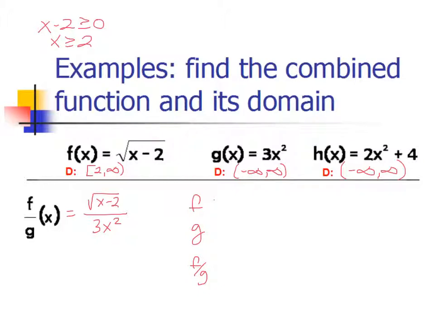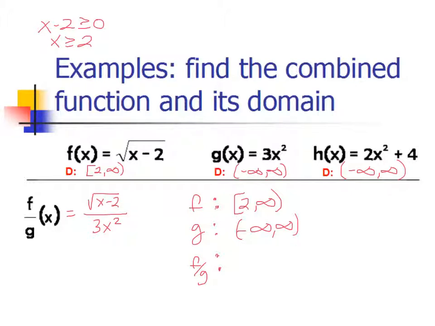All three of those. So when you look at f, we had a domain of 2 to infinity. G didn't have any restrictions whatsoever. And if you look at your final result, well now, all of a sudden I have a couple issues. I have a radical, and I want to make sure that that stays positive.